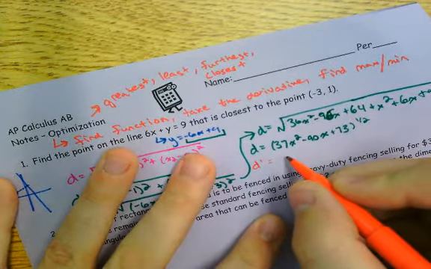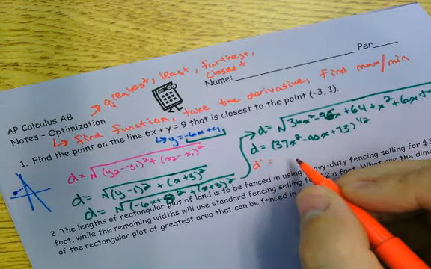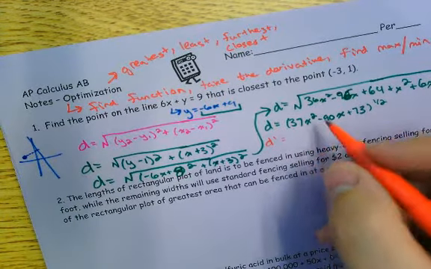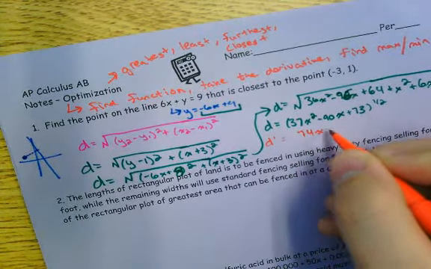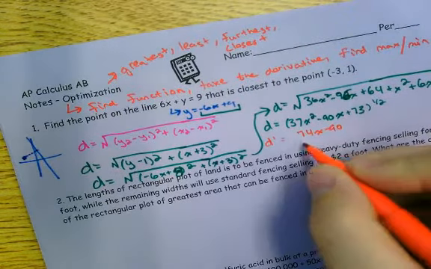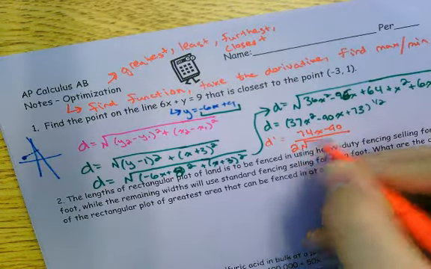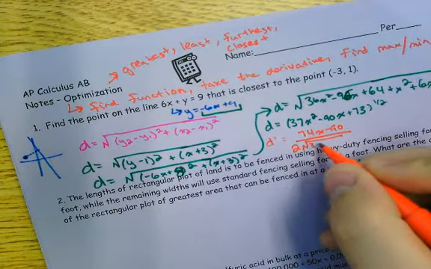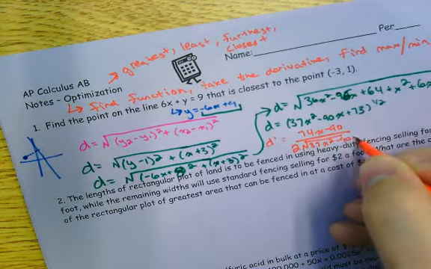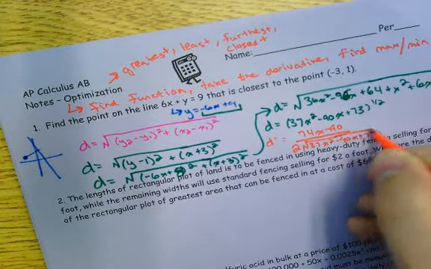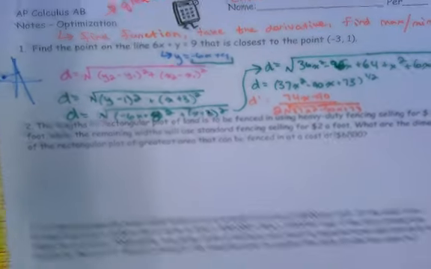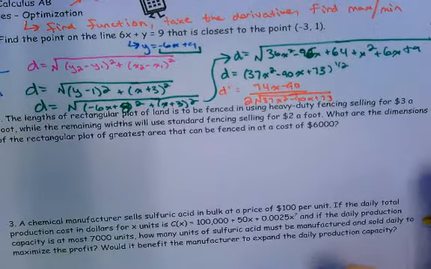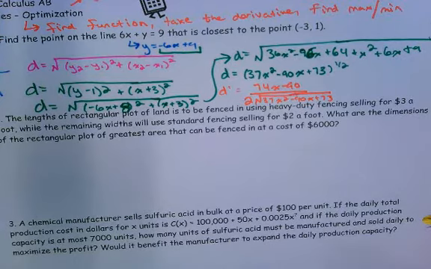So it's going to be, what's 37 times 2? 74x minus 90 all over 2 square root of 37x squared minus 90x plus 73. Skipping through some steps, but you should know how to do this. This is the simplified version.